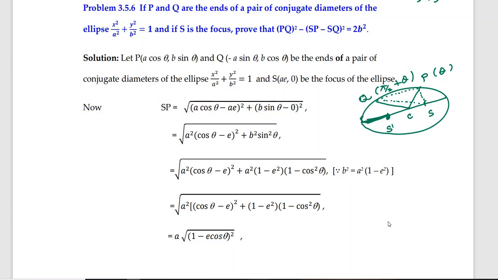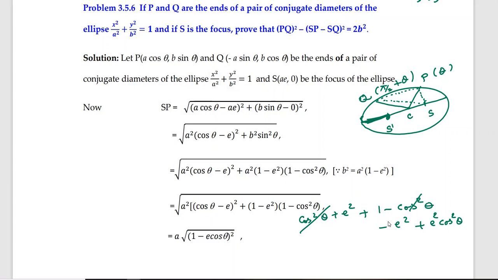And if we actually expand this out, this is what we get: cos square theta plus E square, then plus, multiplying these two, 1 minus cos square theta minus E square plus E square cos square theta. So we have cos square theta, this one and this one will get cancelled. Then we are left with 1 minus E square plus E square cos square theta.